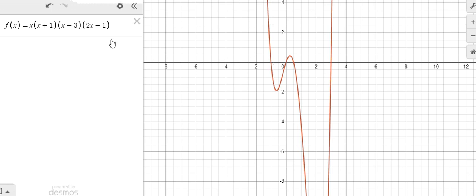Here's your -1, so that's this one. Here's your 0, so that's the first one that we found. That was our case 1. And then this 1/2 right here, because here's 1 and here's 2, so halfway between is the 1/2 right there, is from this, and then this 3, which is way over here, is from there. So that's kind of how these look.